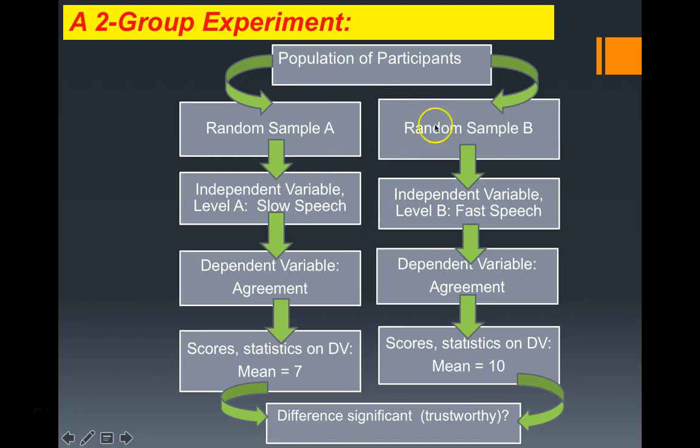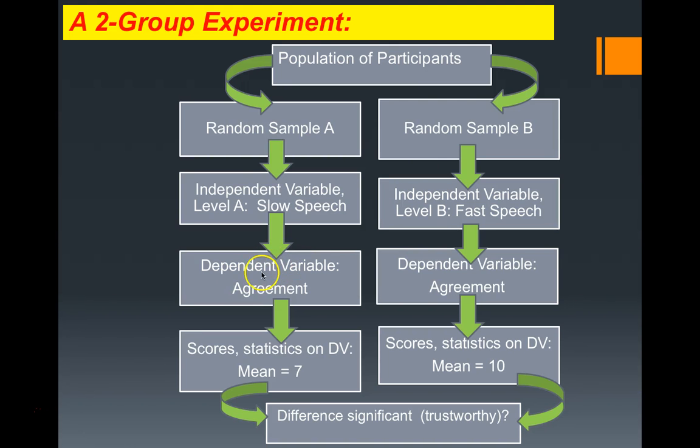Through random assignment, we have the same kinds of people in both conditions, assured for the most part, and so they hear the speech. After they hear the speech, they're asked a number of questions about the speech and about the issue.